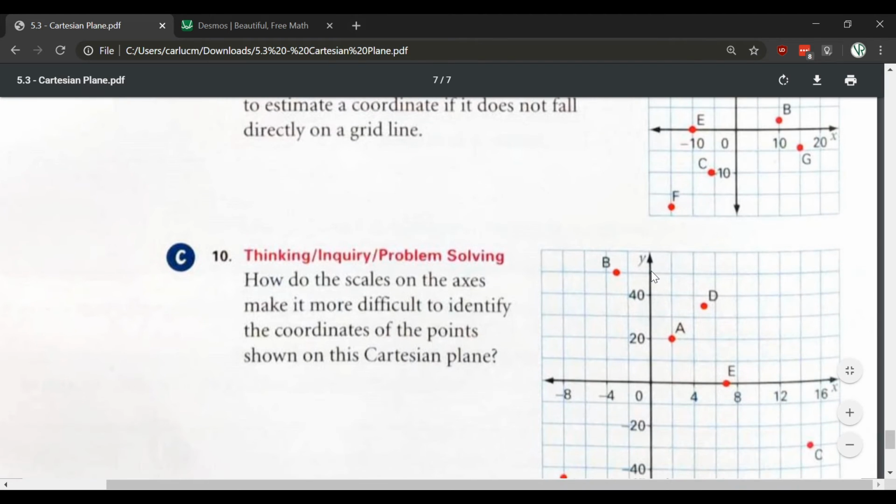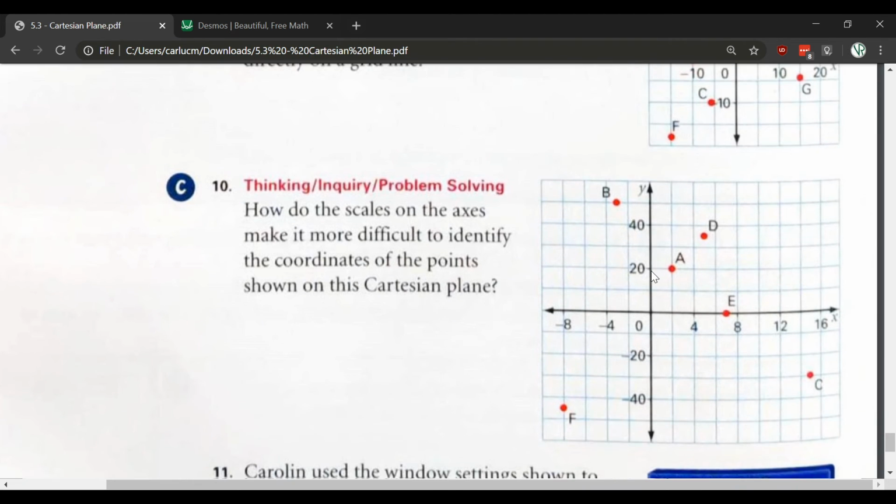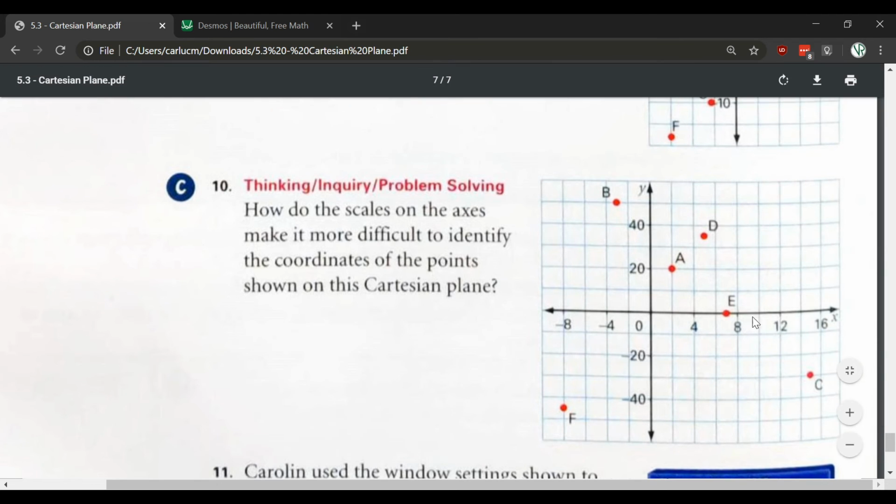The last part here in number 10 was how do the scales on the axes make it more difficult to identify the coordinates of the points shown on this Cartesian plane? Well, if we look at the scales, we have 2 different scales. The first scale here on the x-axis is going up by 2s, so every square is worth 2.